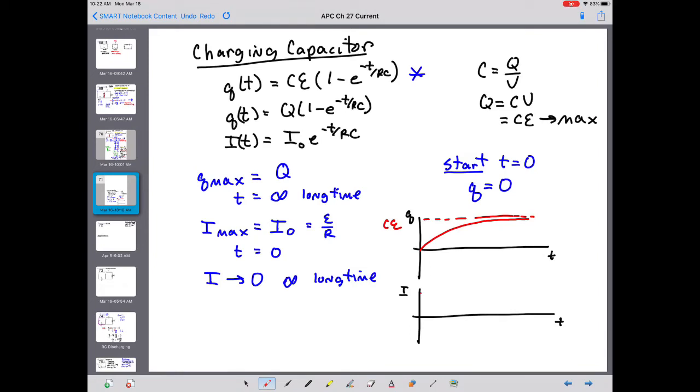Your current value, on the other hand, starts high and then exponentially decays, and that maximum current value, I naught, would be EMF over R. Very important that you go beyond just trying to memorize what does what at what point in time, but you understand the process of how we arrived at the equation, and you understand what's going on when.